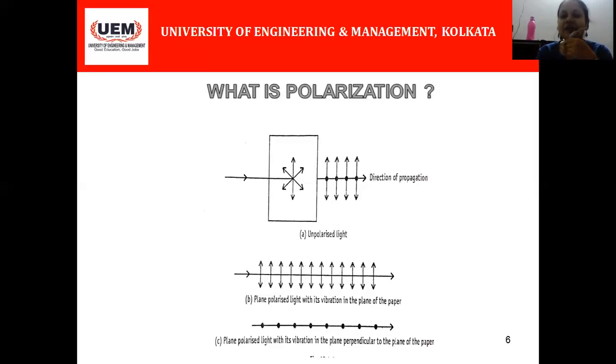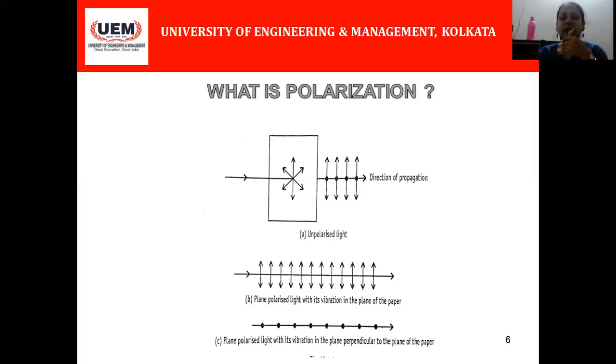I have been able to polarize light because I have confined the direction of vibration of its light vector. It is not free to arbitrarily vibrate in any direction along a plane, but it is confined to vibrate in a certain direction. So I have managed to polarize light.